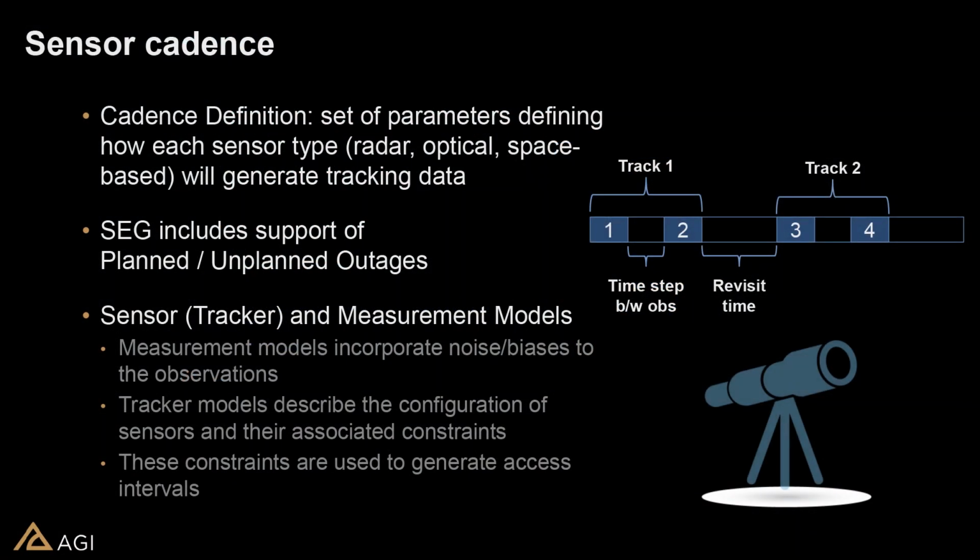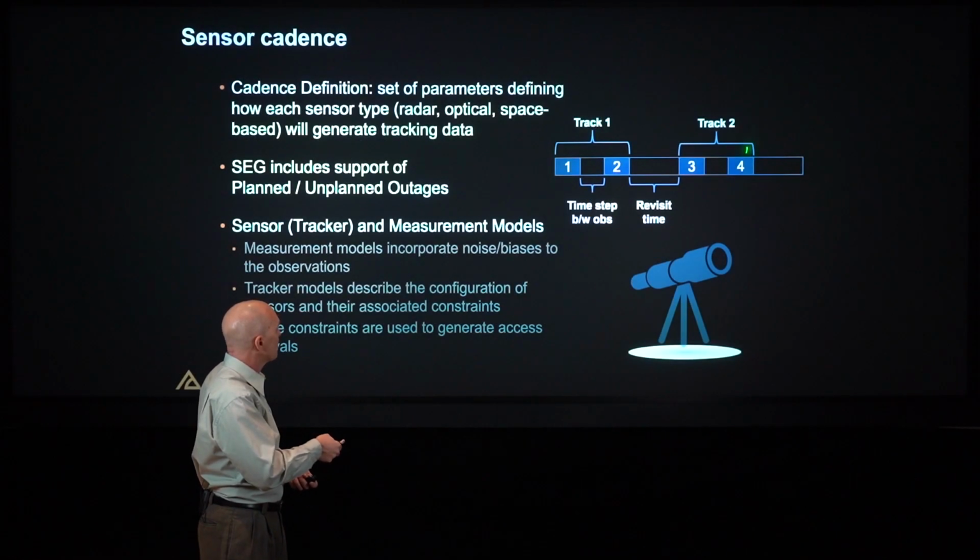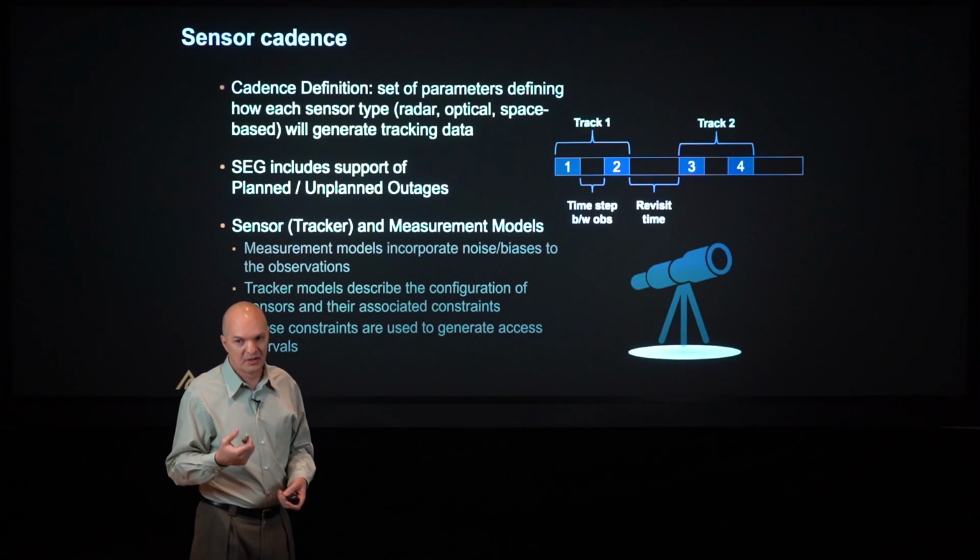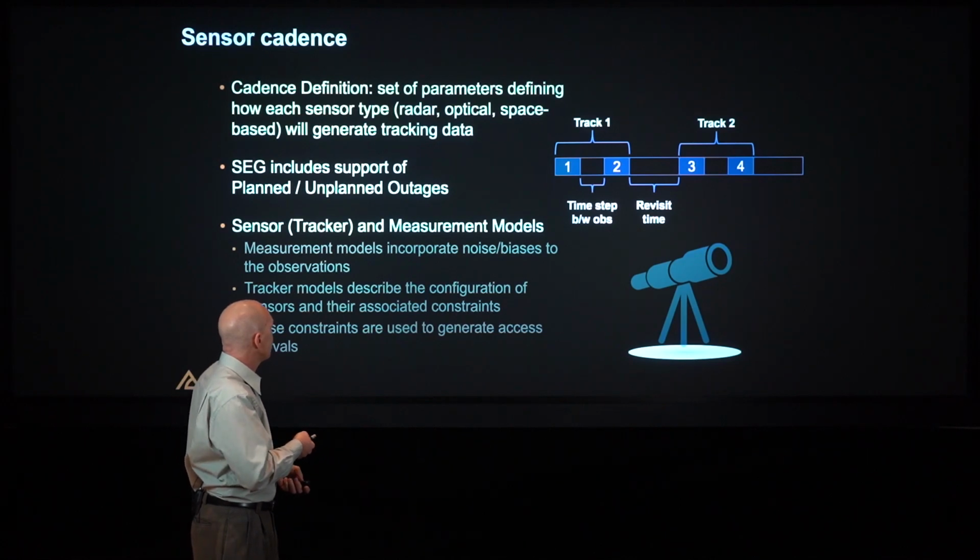So, sensor cadence, I've mentioned this a few times. This is how we determine how many observations are going to be generated for each object within an event. It defines the number of observations produced by specifying how many tracks per day are going to be generated for each of these satellites.